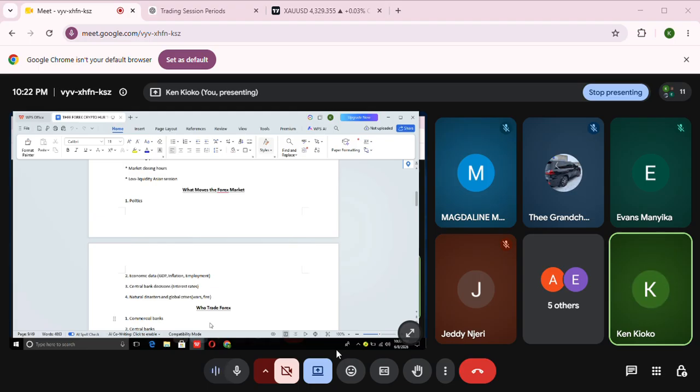The fourth one is natural disasters and global crises like war, pandemic, fire, floods. Take an example during the corona period. The moment a case was reported in the US, that was bad news. Investors feared for their money, so they withdrew their money from the dollar and invested in other commodities.